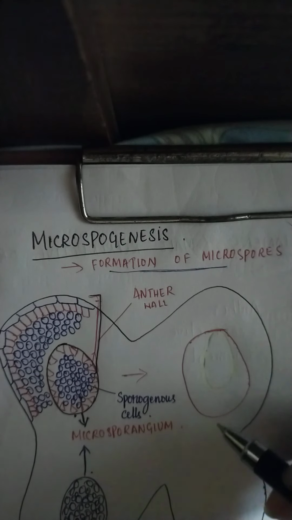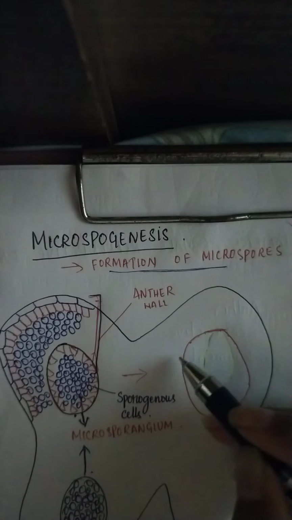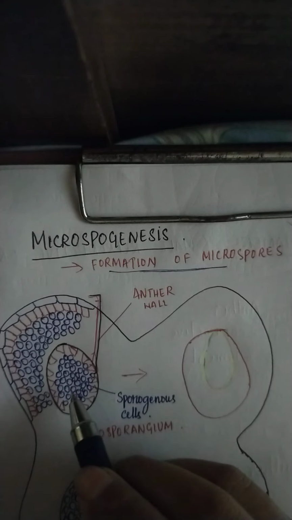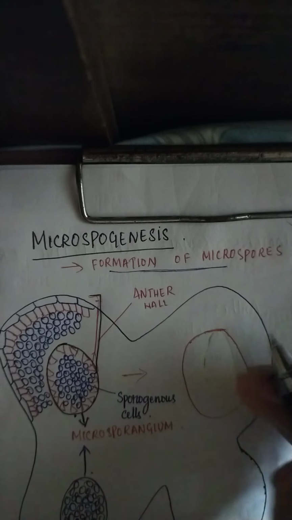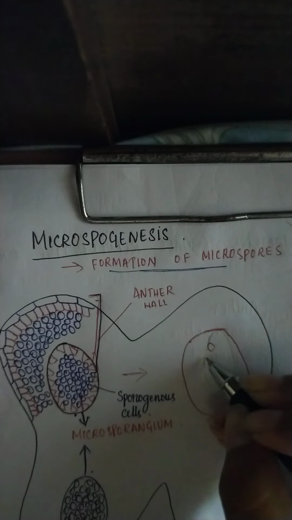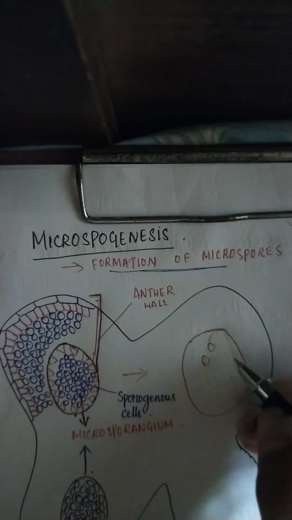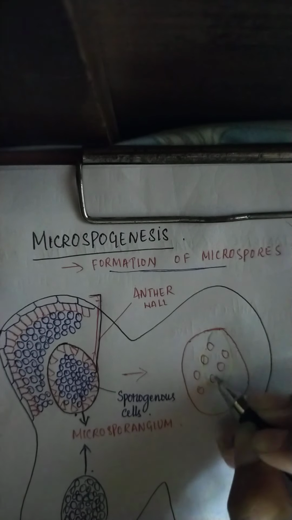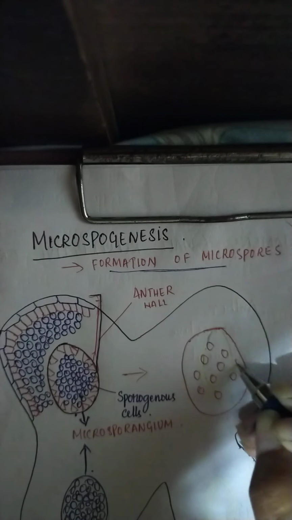When the anther starts to become mature, the microsporangium becomes wider, and the sporogenous cells present inside are arranged in a loose manner, that is, there is a space between them.